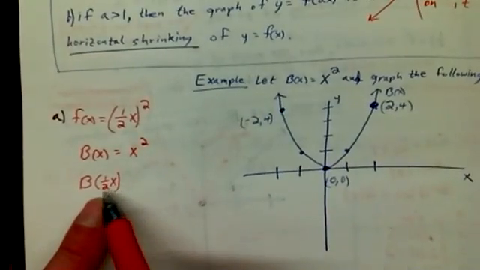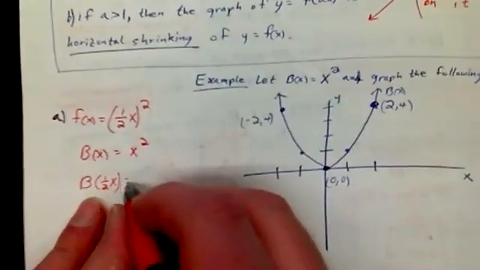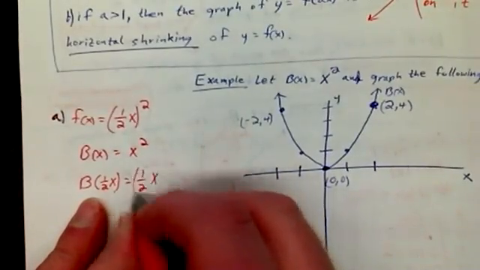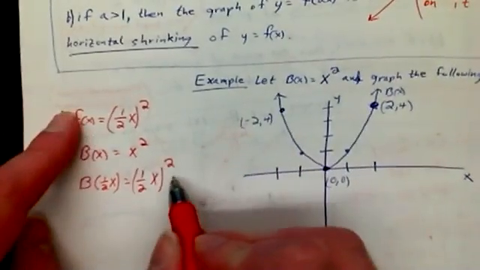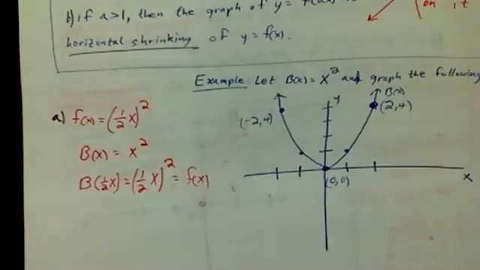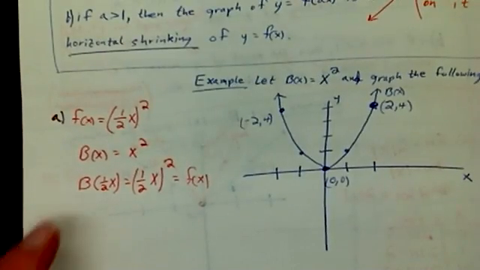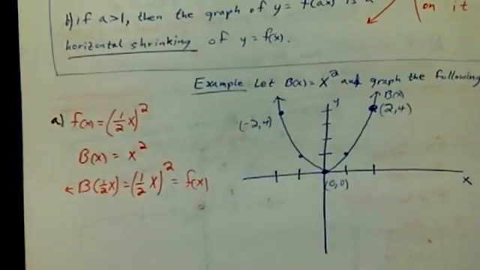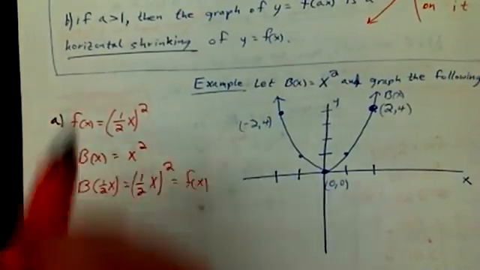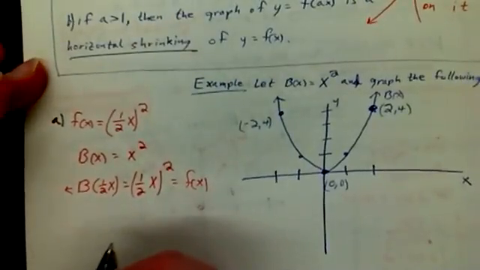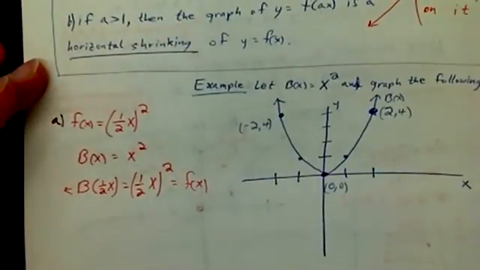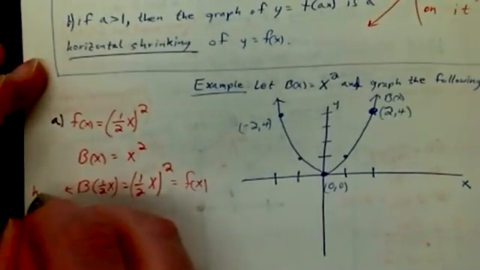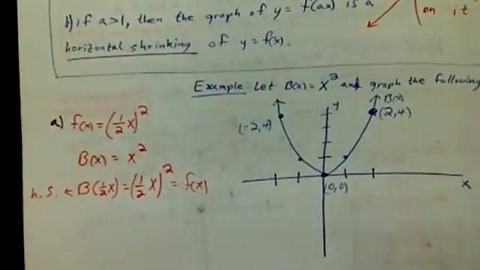Remember what that tells us to do. Take wherever I see an x here, I'm going to put in 1/2 x. So that's 1/2 x squared. That's exactly what I want to graph. Okay, so I can see that's the transformation I made. And I know the rule for this here. Since it's less than 1, this should be a horizontal stretch. Okay? Horizontal stretch. So I'm expecting this thing to go like this.